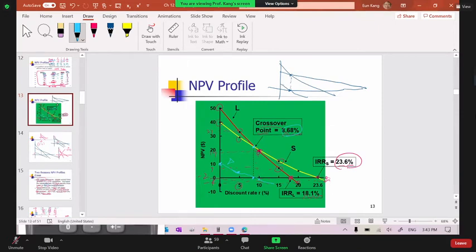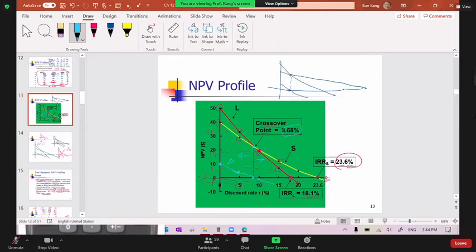So on the left-hand side of the crossover rate, L is better. On the right-hand side of the crossover rate, S is better. Yellow is higher than red, right? So normally the net present value method and IRR method give the same conclusion, right?